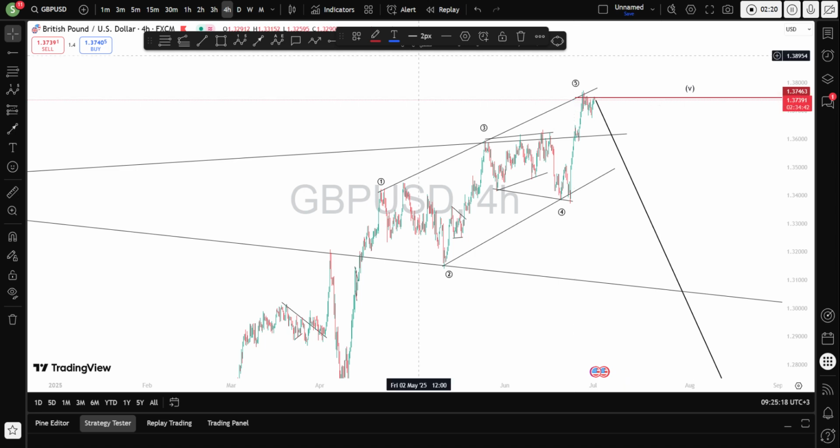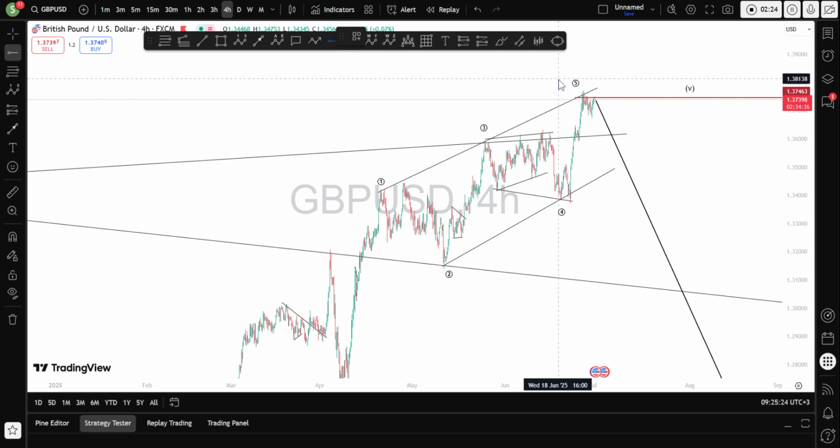As our entry. Our stop loss should be slightly above the head, so you can put a stop loss here.